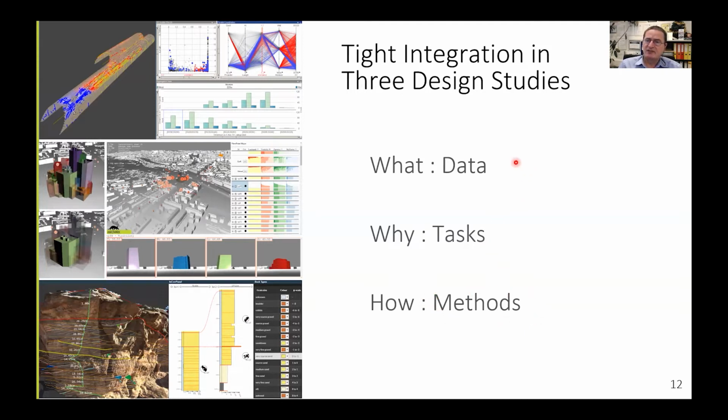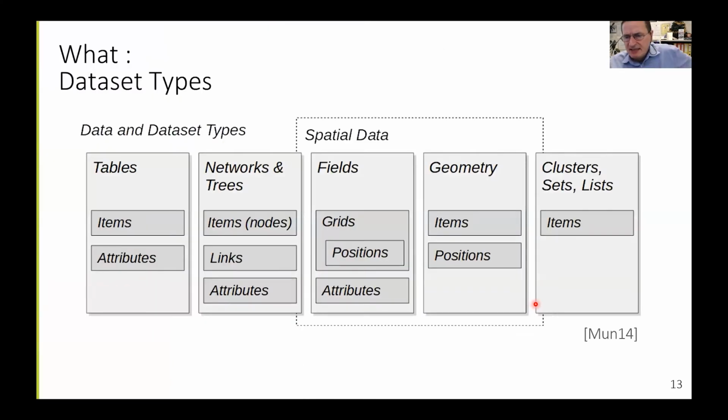So usually you abstract the general components of your data, then you think about which tasks and goals you would like to have, and then this specifies what methods you might take a look at. And there has been work in this area, like this standard book from Tamara Munzner, and that concerns the data set types. What data are you looking at?